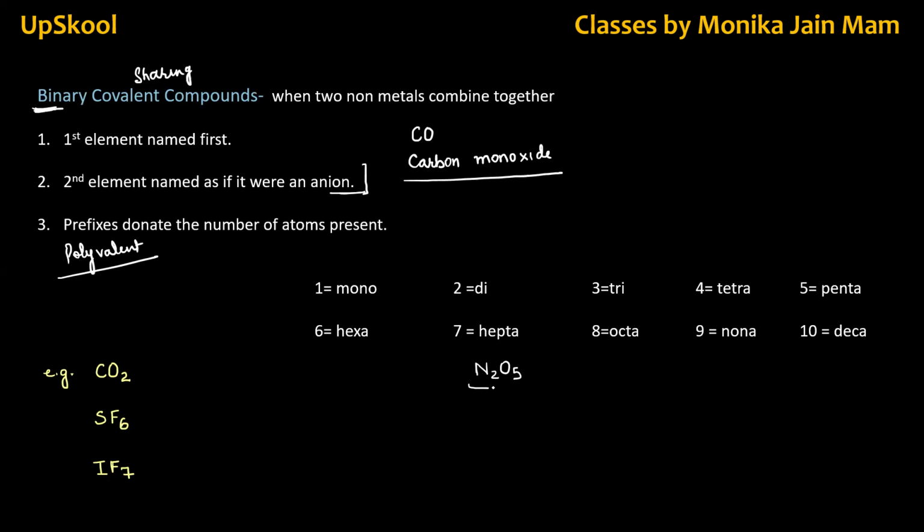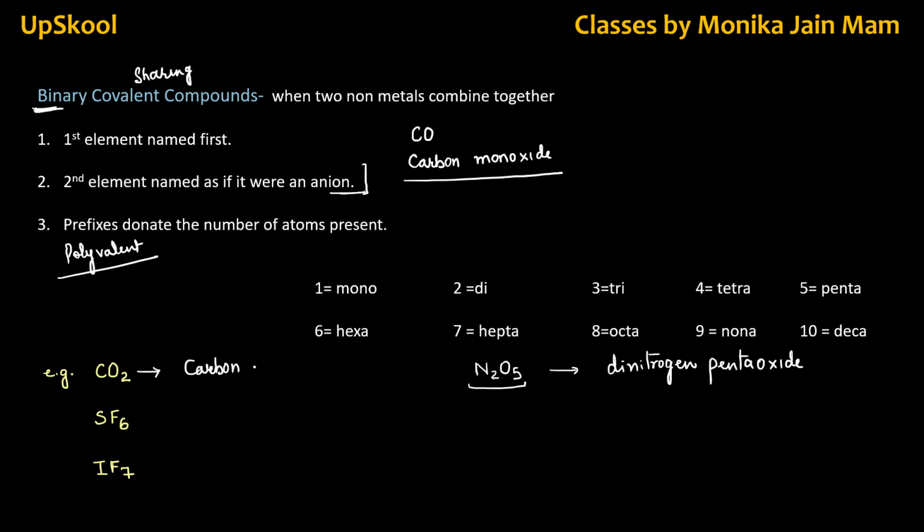So like if this one is the compound, it is first element, 2 di nitrogen pentaoxide. It is dinitrogen pentaoxide.